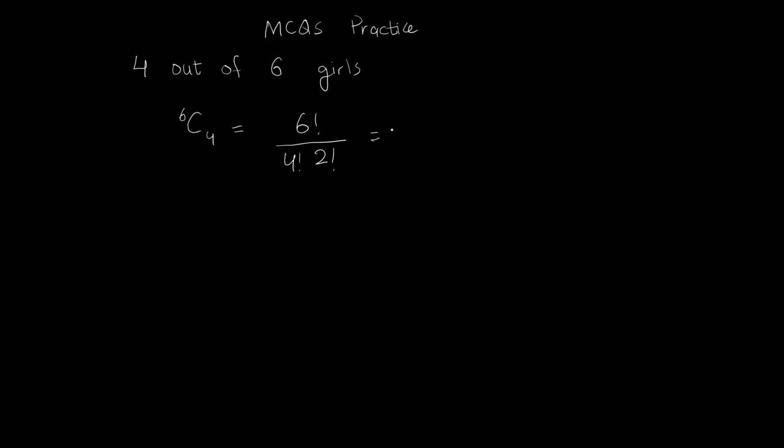And use the same principle: 6, 5, stop at 4 because you have 4 factorial in the denominator. Hence, after the calculation, 30 by 2, which is 15.